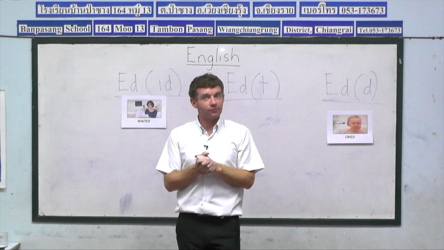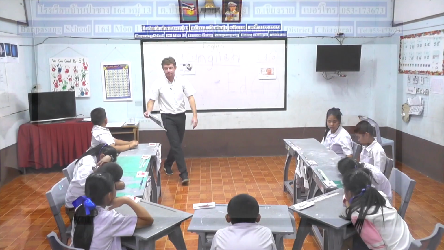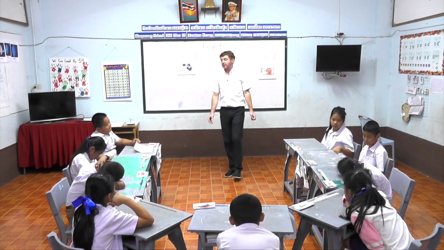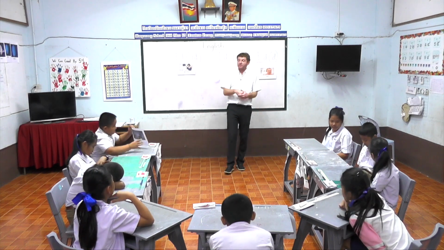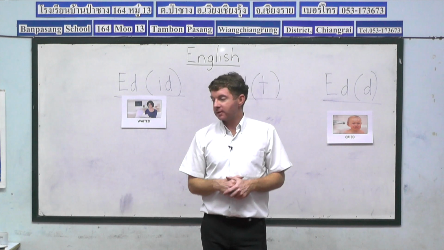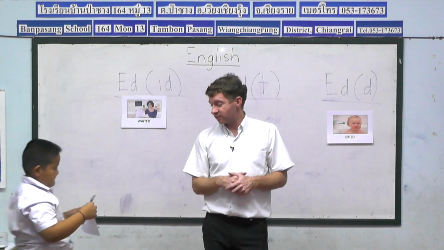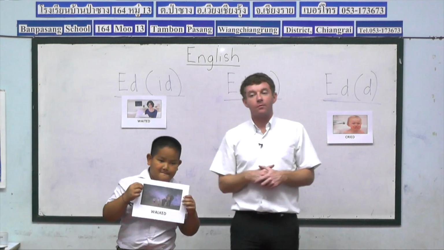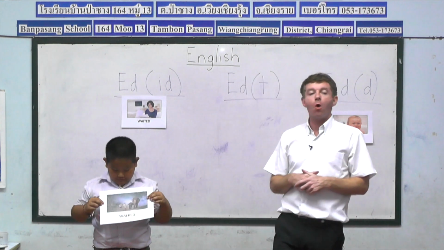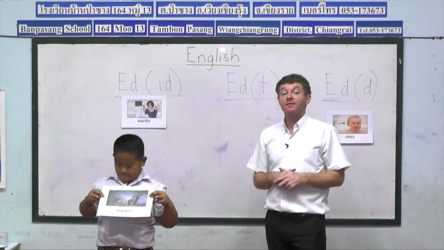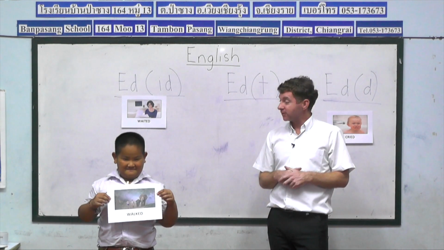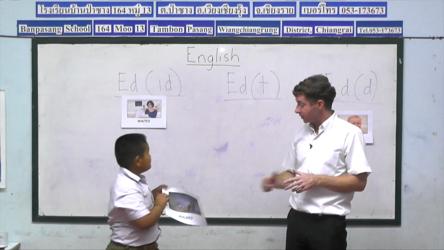Okay, next student. Let's see who can go next. And now it's Net's turn. So Net, bring your flashcard to the front of class. And what's the word that Net has on his flashcard? What verb word can you see, Net? Walked. What do we think? Walked. Yes. Can you say your word?